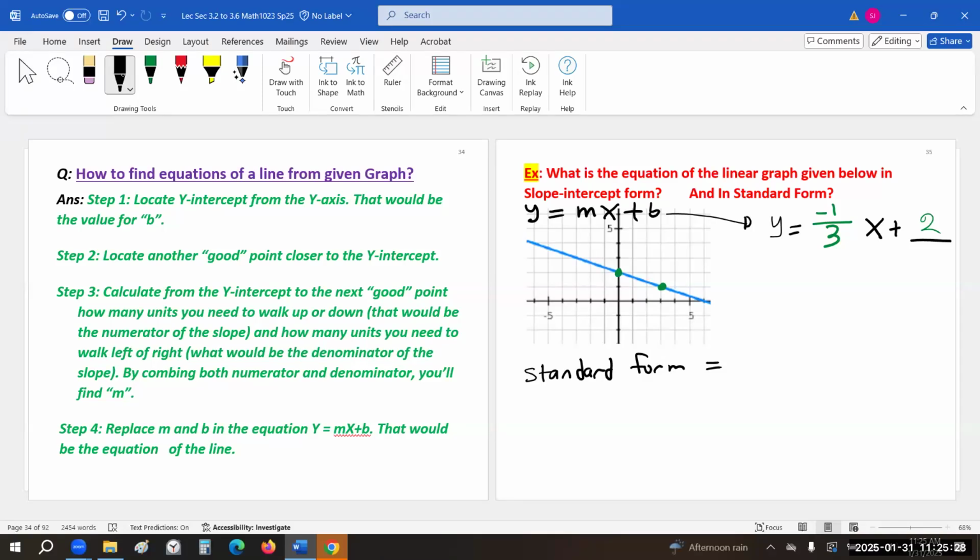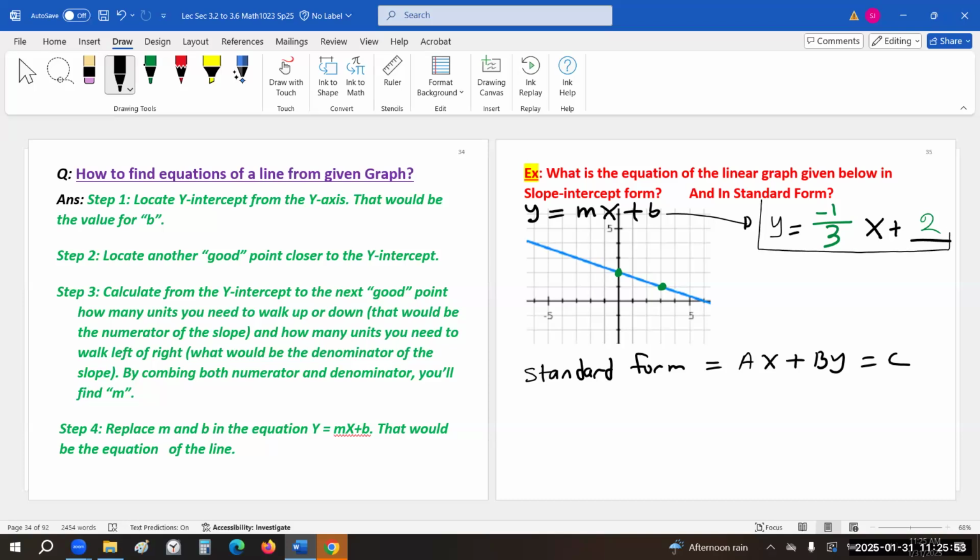Mohammed. AX plus BY equals C. It means bring X term and Y term next to one another, leave your constant alone. So can you convert this into standard form? Can you do that?